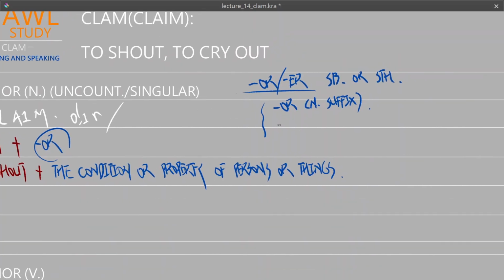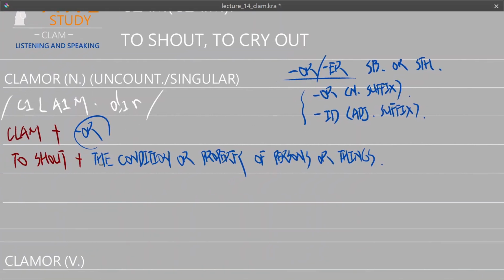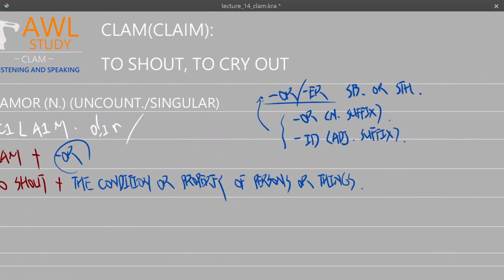And the adjective suffix -ous means relating to the condition or property of persons or things. So don't be confused with these two.